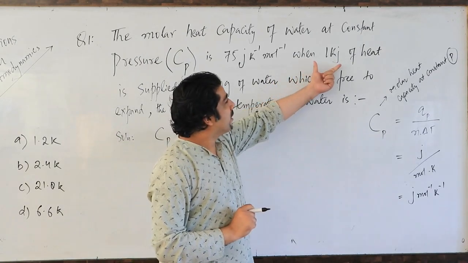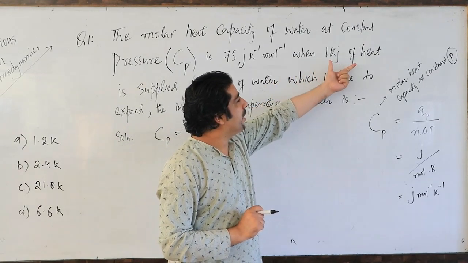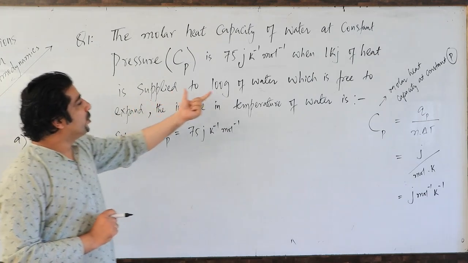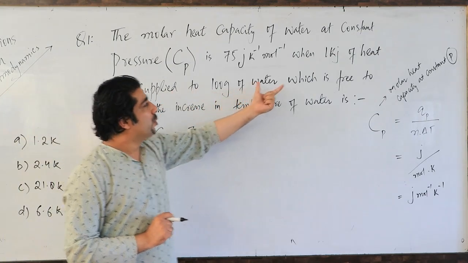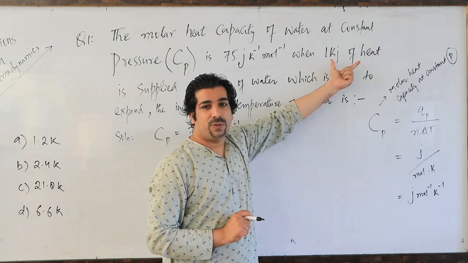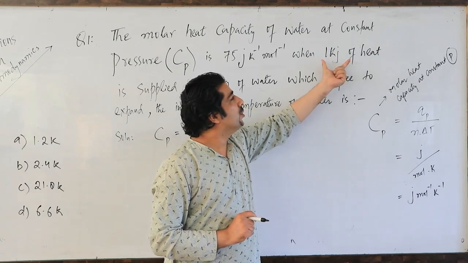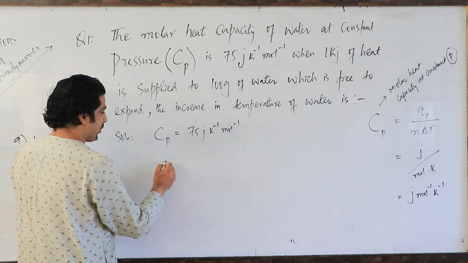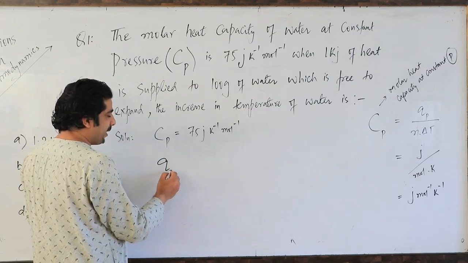So how much heat are you supplying to the water, my dear friends? 1 kilojoule. So that means the heat is supplied at constant pressure.